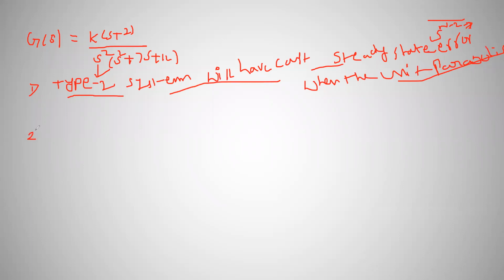Next, calculate the positional error constant. Calculate the velocity error constant. Calculate the acceleration error constant. What is positional error constant? Limit s tends to 0, g of s, h of s.